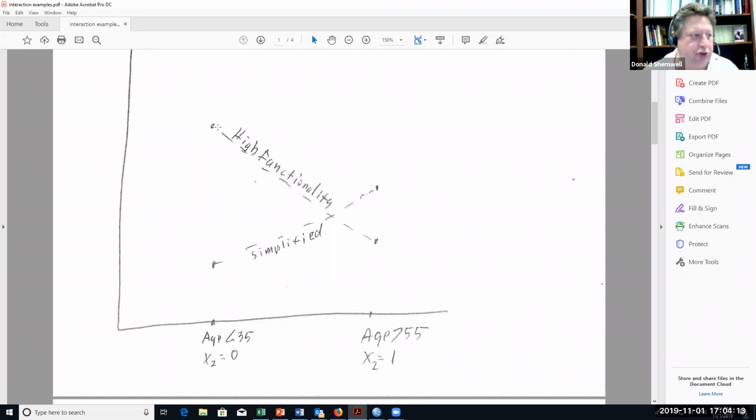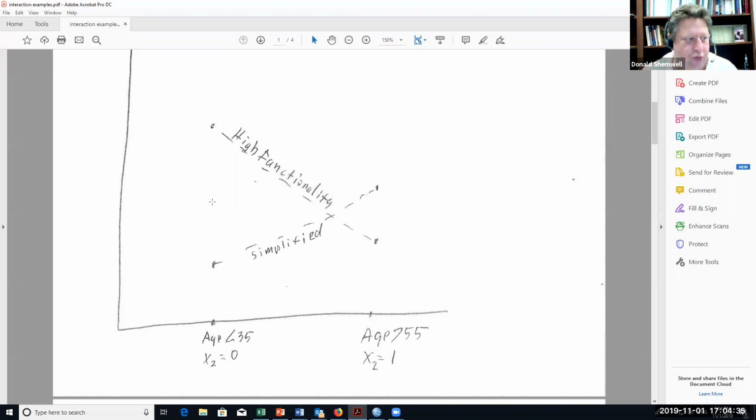High functioning really works for the under 35 crowd. They don't want simplicity. They want high functioning. The older people, the greater than 55 crowd, like to have more simplified, and high functioning doesn't do that much for them.